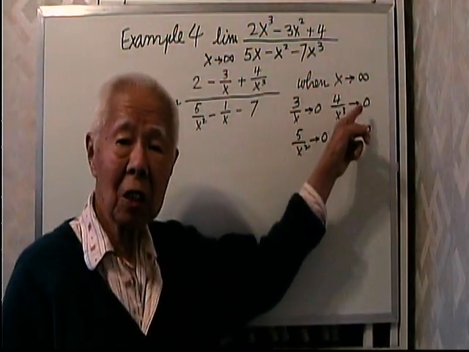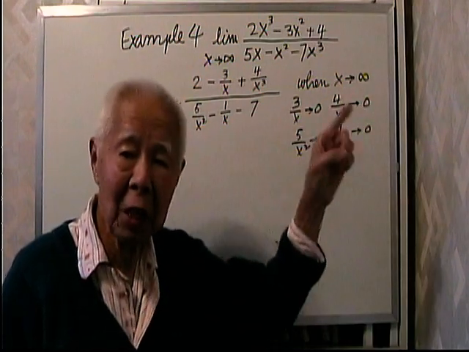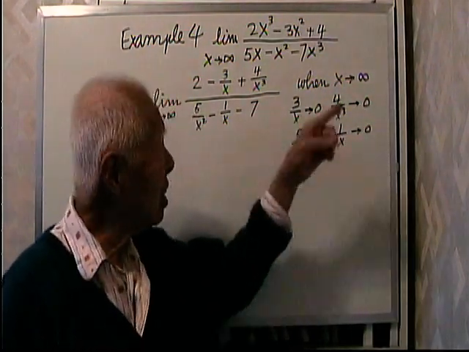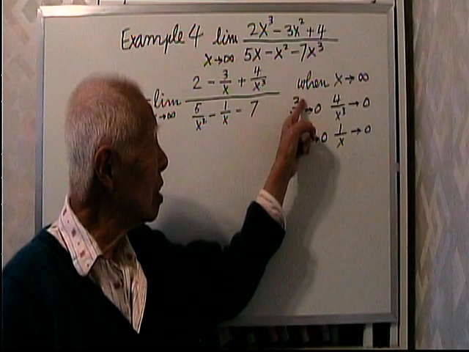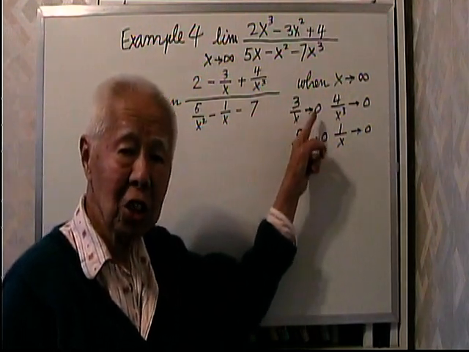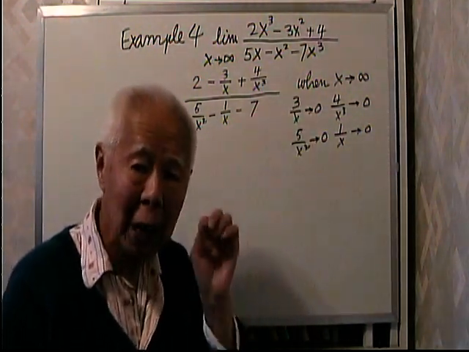When x becomes a very, very large number, then 3 over x is 3 divided by a very large number.